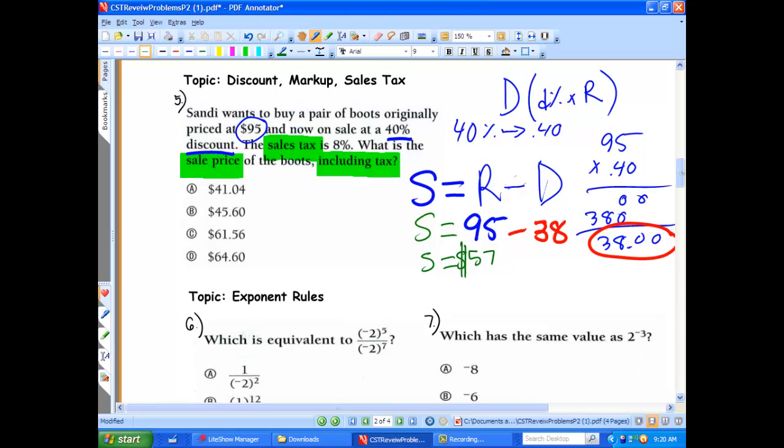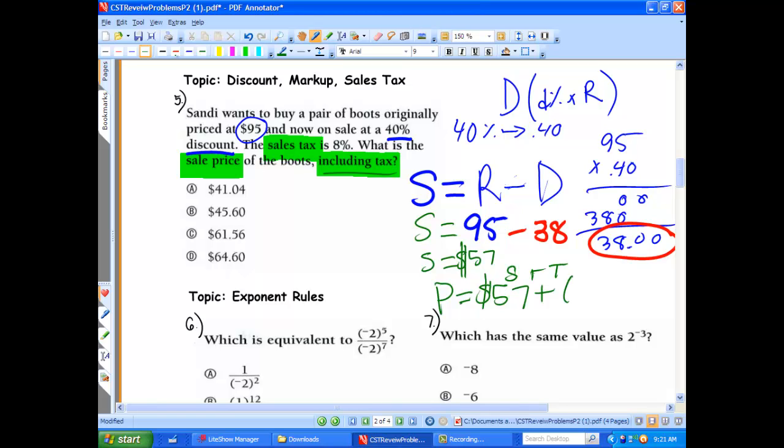We're not quite done because we have to include our sales tax to get our total price. So our total price is going to be our sales price plus our tax.